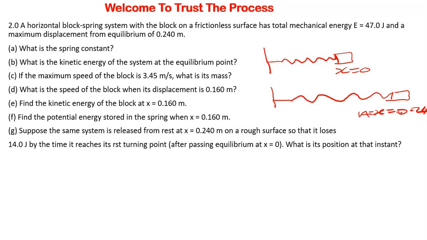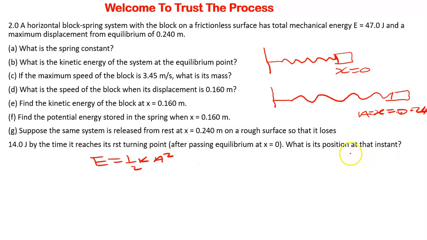Alright, so the first question is saying, what is the spring constant? With reference to the first question of this tutorial sheet, there are three equations that can be used to find the mechanical energy or the total energy of the block spring system. One of those equations can be given by E equals 1 over 2 k A squared.